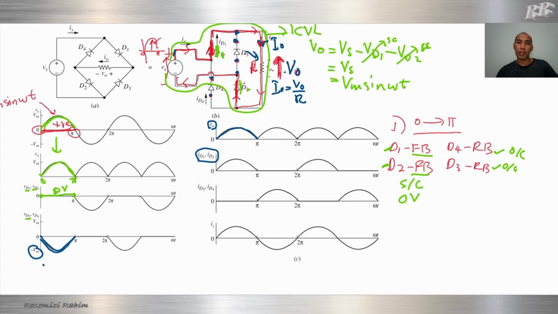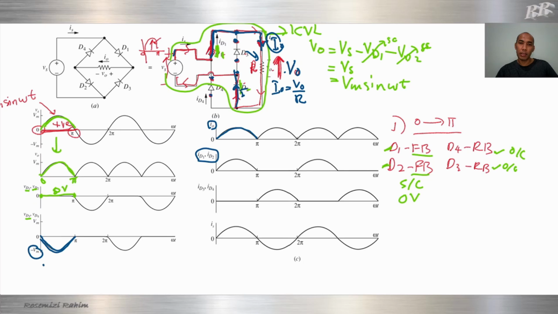Okay, ID1 and ID2. ID1 is the current at diode number 1. We can see that ID1 is exactly the same as I naught, and also ID2 is here.